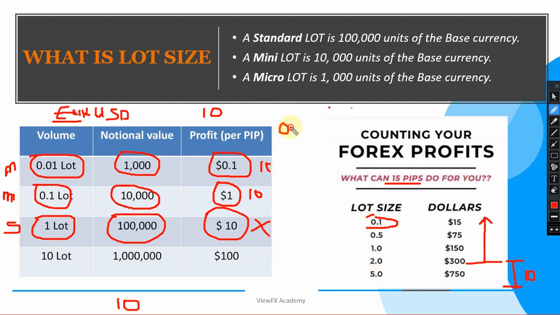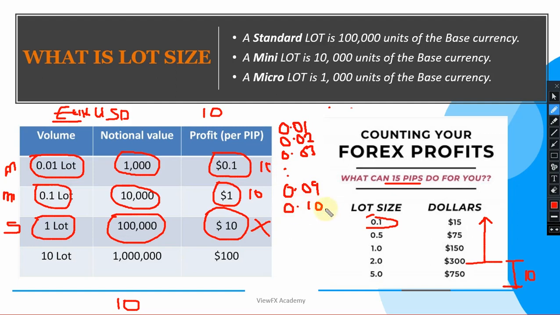The minimum is 0.01. You can go up like this, 0.02, 0.03, until you get to 0.09. And after 0.09, the next is going to be 0.10.